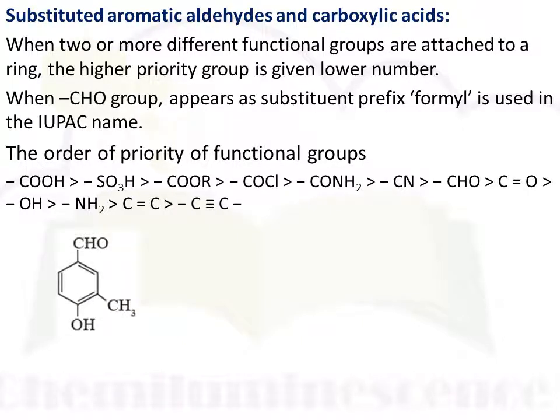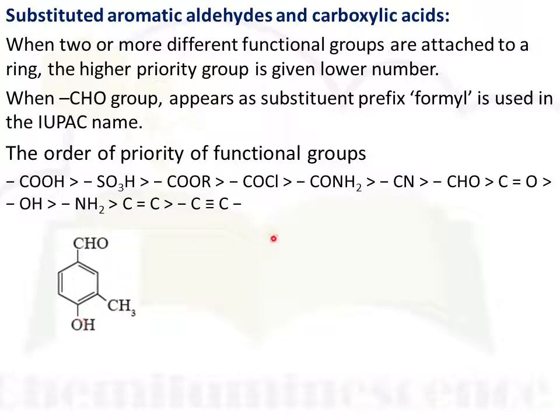First, you can see that on the benzene ring there are 3 substituents present. Out of those 3 substituents, one is the functional group of aldehyde, that is the formyl group. Next one is a methyl group and another one is a hydroxyl group. We know that the methyl group has the lowest priority because it is an alkyl group.